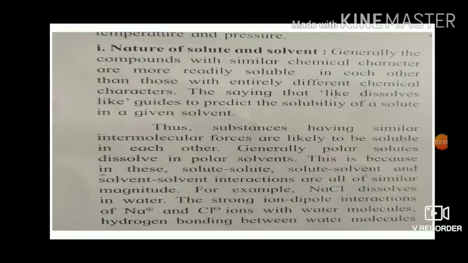Then we see factors affecting solubility. The first factor is nature of solute and solvent.